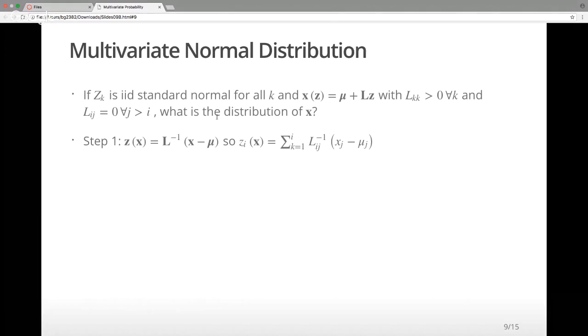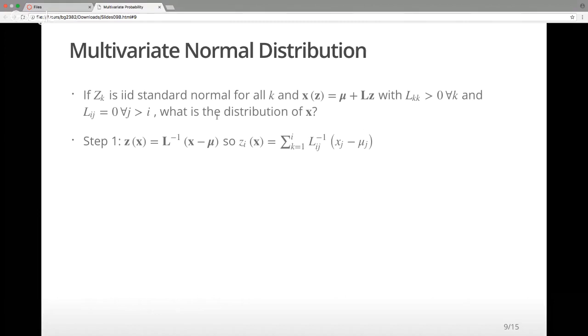So the only thing that we have to sum is from 1 up to element i, because all the upper triangular elements, where the column index is greater than i, are going to be 0. This follows from the property, which I think we said last time, but it bears repeating, that the inverse of a lower triangular matrix is also a lower triangular matrix.